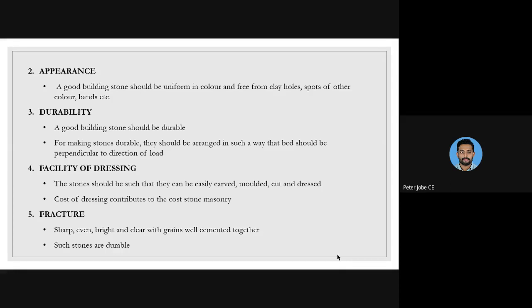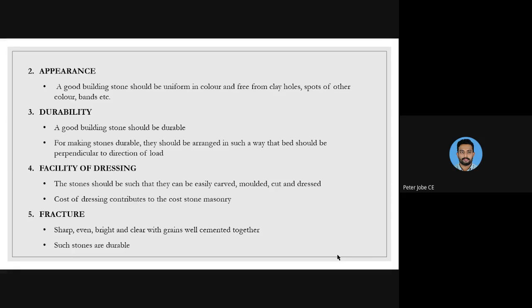All the walls are constructed in the vertical direction, such that the bed of the rock, or the surface of the rock, is purely perpendicular to the direction of the load. In that direction, our stones will have maximum crushing strength.